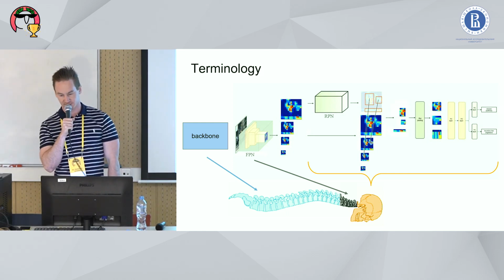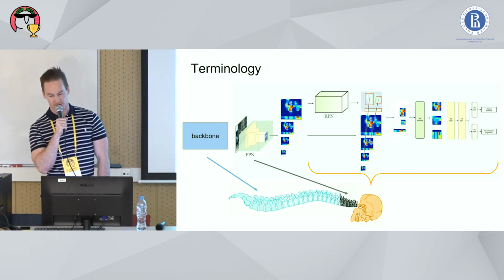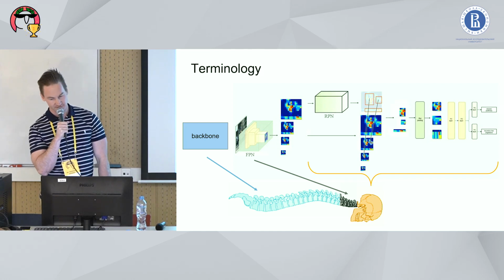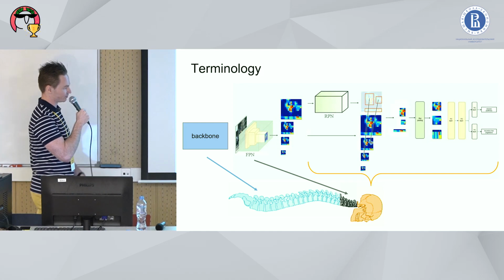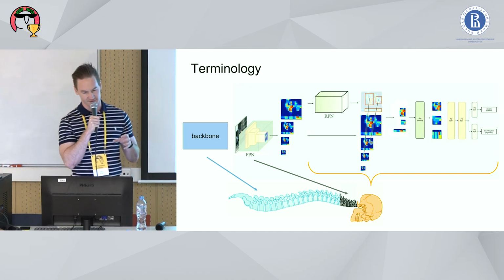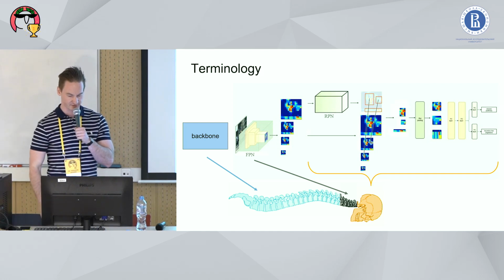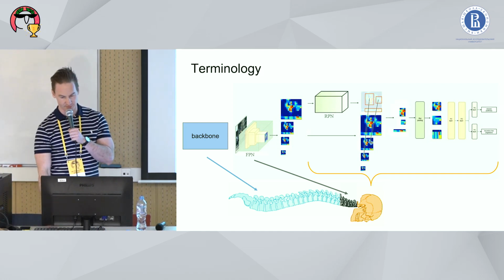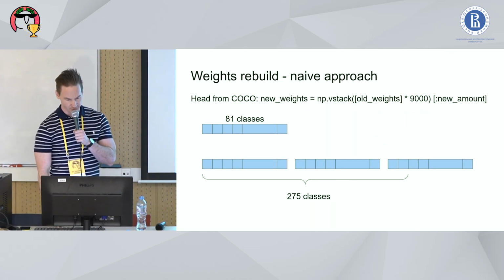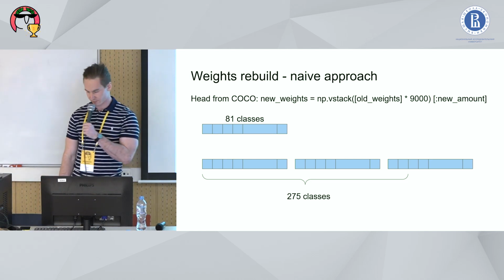So the RPN is the RPN head, the class head is the class head, and so on. To be honest, it must be pictured as multi-head, but for simplicity, I just picture it as head, neck, and backbone.